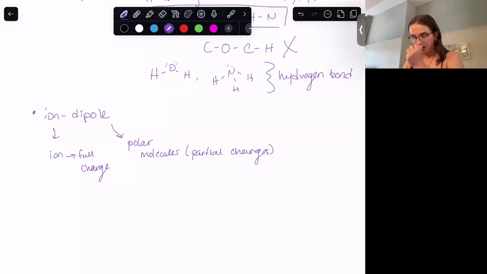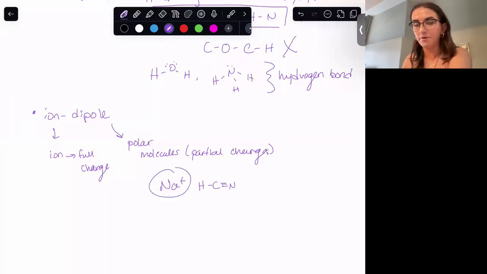So that can be something like sodium coming in close contact with HCN. Right, this would be an ion dipole. We have a full charge on our sodium, and we have slightly negative and slightly positive here, so we have a dipole there.